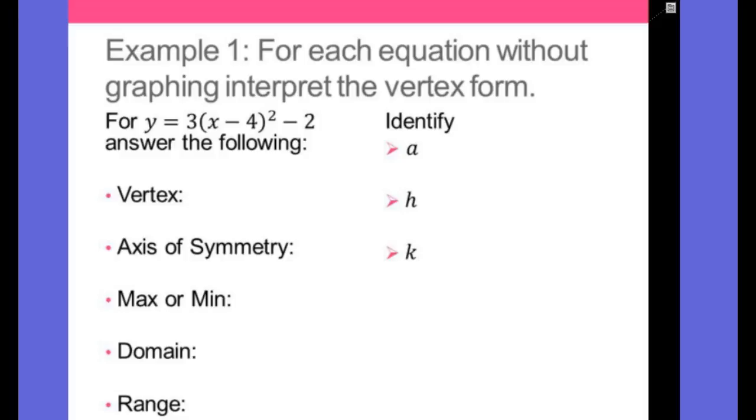What does a, h, and k look like? So in this case, remember the general form is a(x minus h) squared plus k. That makes my a positive 3.